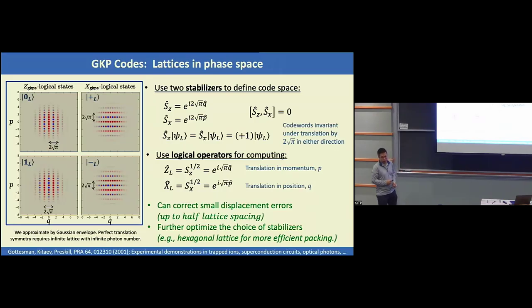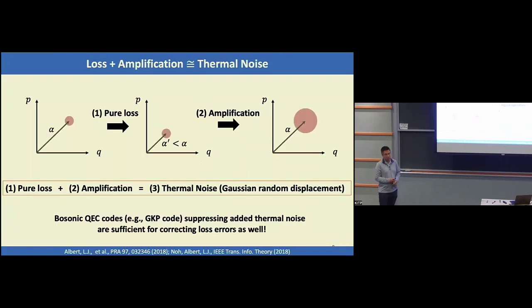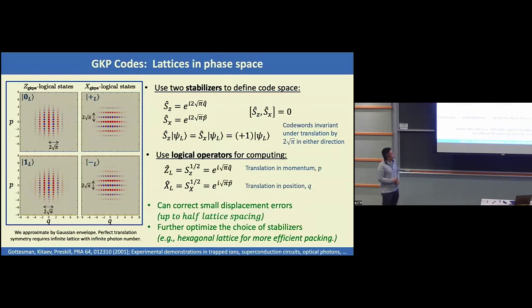Okay, and there are various ways to correct these errors, but here at least you can, in principle, measure these stabilizers. And moreover, here for simplicity, I show the square lattice GKP. You can also come up with other symplectic lattices like a hexagonal lattice, which can give you more efficient packing with potentially better performance.